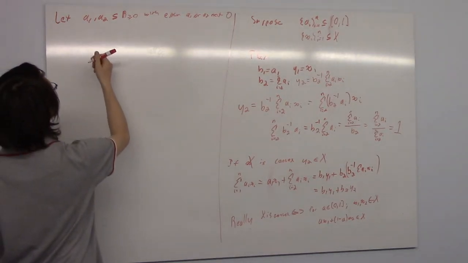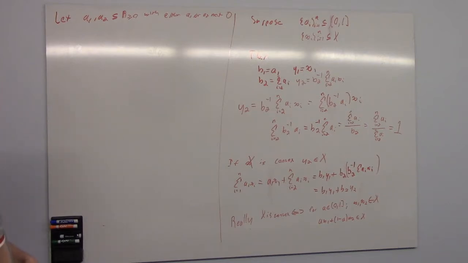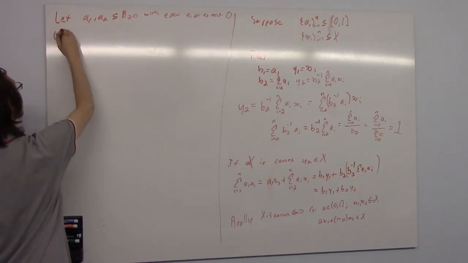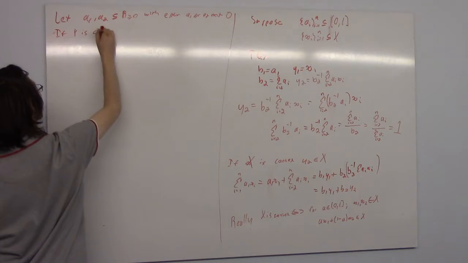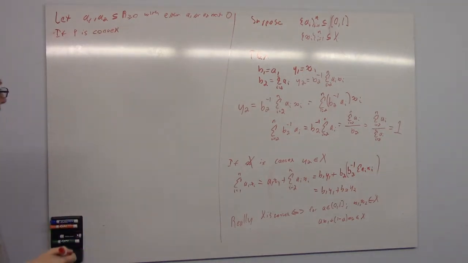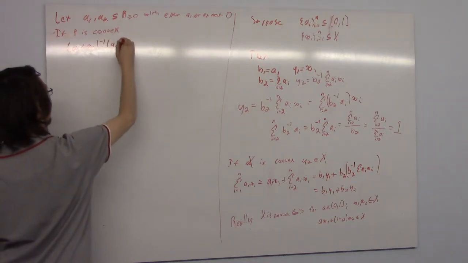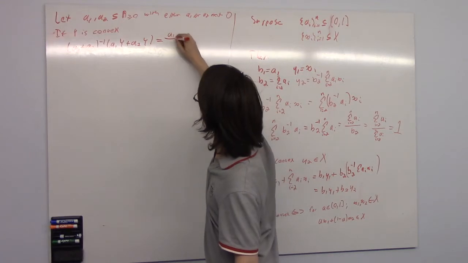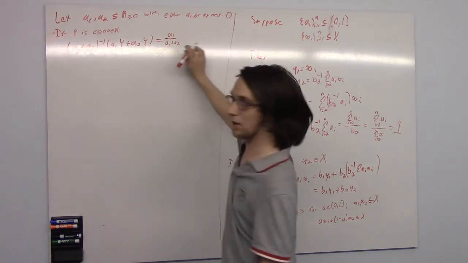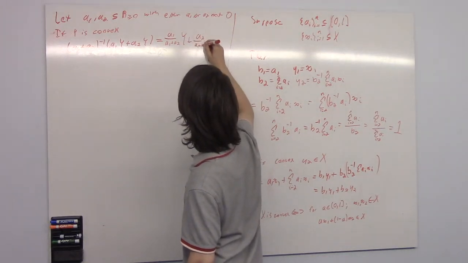We see, if Y is convex, then (A1 plus A2) inverse times (A1 Y plus A2 Y) equals A1 over (A1 plus A2) Y plus A2 over (A1 plus A2) Y. This is why I wanted one of them not 0, so this division is fine.